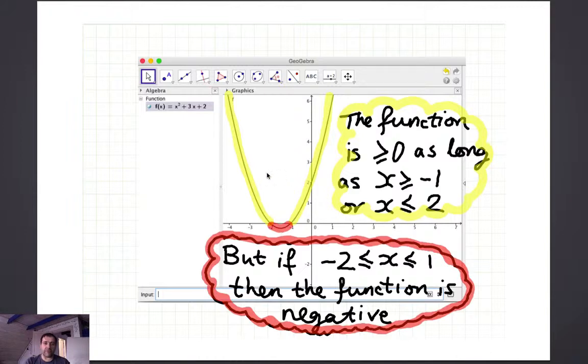So the whole function is above the x-axis as long as the x value is greater than minus 1 or less than minus 2. I've written the function is greater than 0 as long as x is greater than minus 1 or less than, that's supposed to say minus 2 there, so a little glitch there.